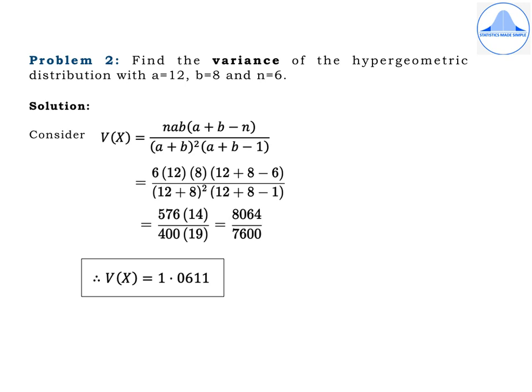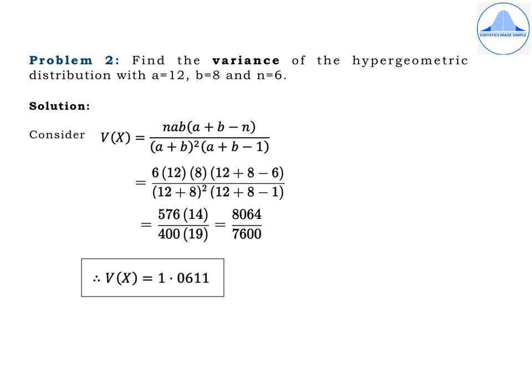Problem 2. Find the variance of the hypergeometric distribution with A equal to 12, B equal to 8 and n equal to 6. So start the solution with the formula of the variance. Consider V of x equal to nAB into A plus B minus n divided by A plus B the whole square into A plus B minus 1, which is equal to 6 into 12 into 8.